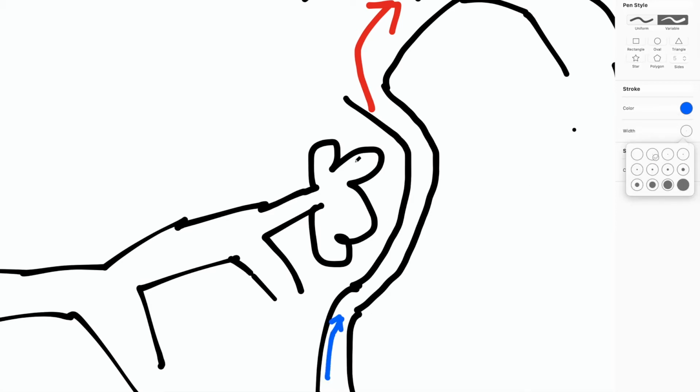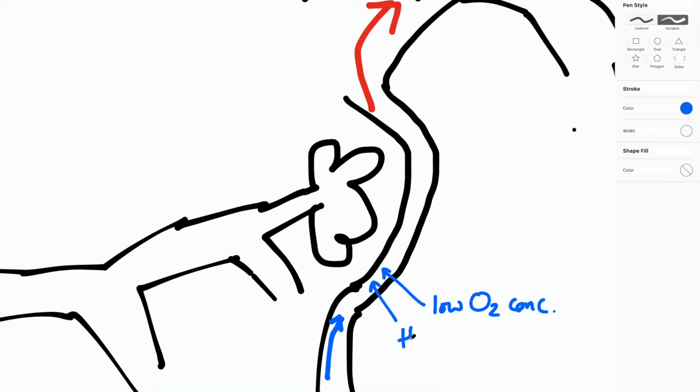As it flows past, remember, this blood at this point has a low oxygen concentration, and there is a high CO2 concentration.